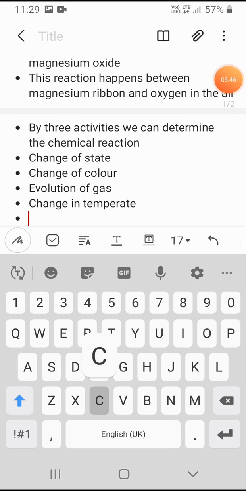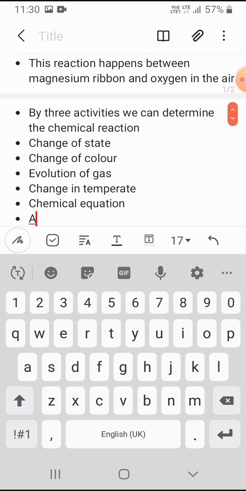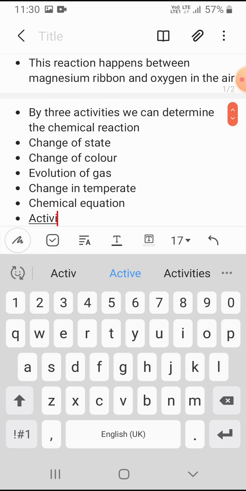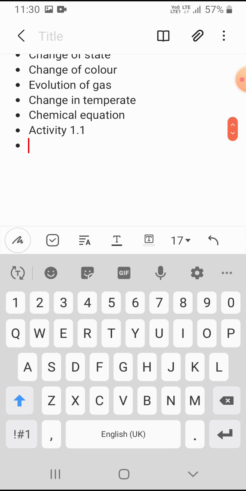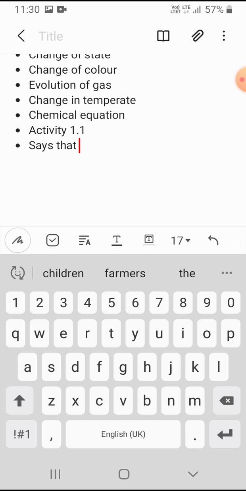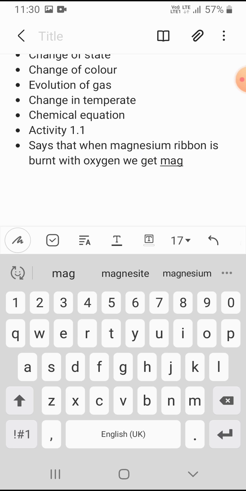Let's know how the chemical equation should be written. Activity 1.1 says that when magnesium ribbon is burnt with oxygen, we get magnesium oxide.